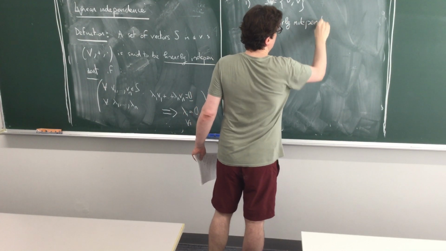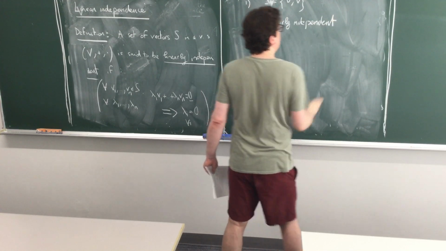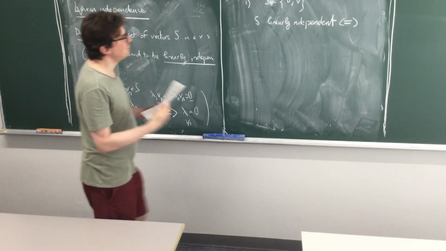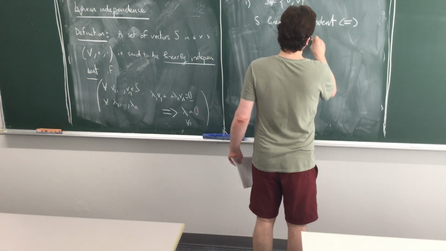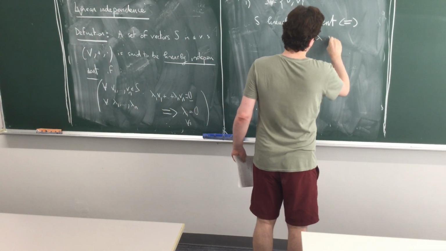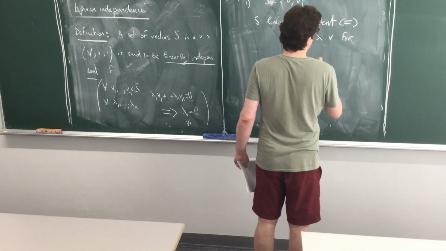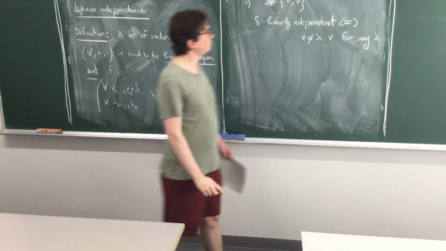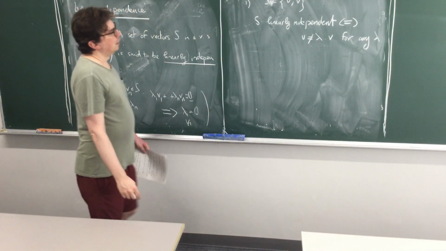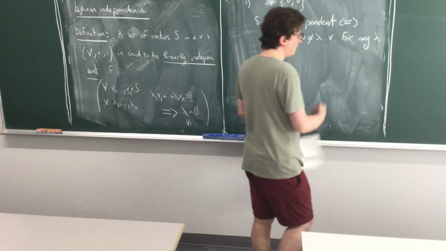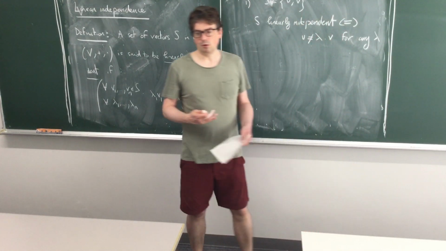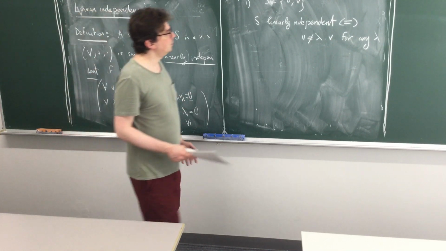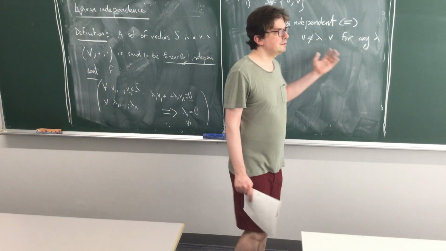For two vectors, in this case it just means that u is not lambda times v for any lambda. So they are not a scalar multiple of the other. This is the notion of linear independence in this case. You could say they are not collinear.